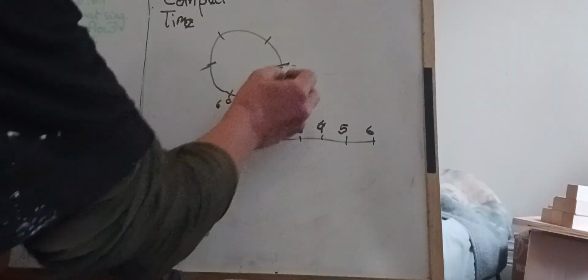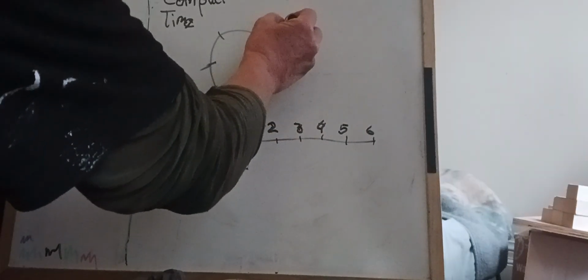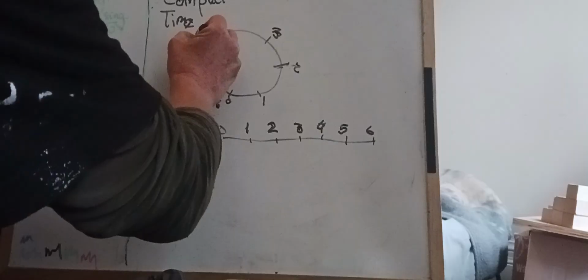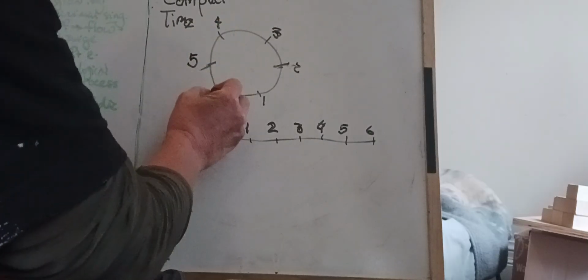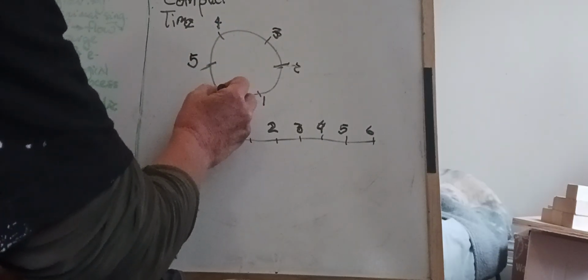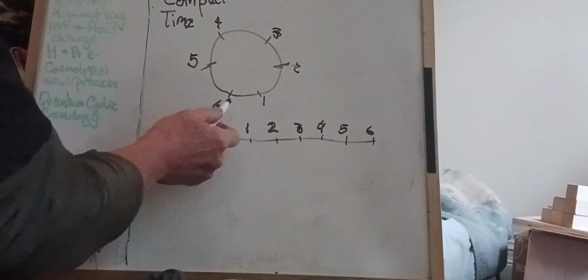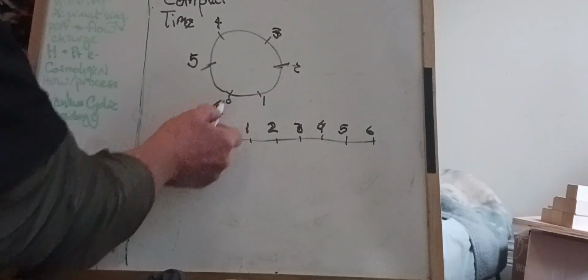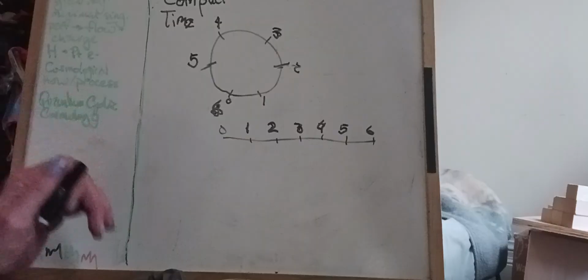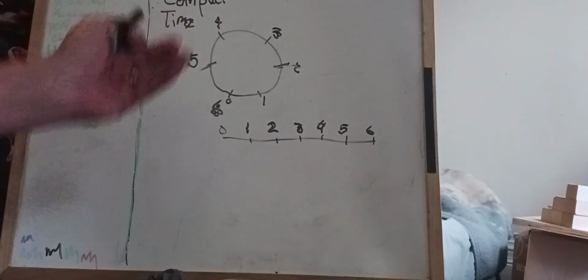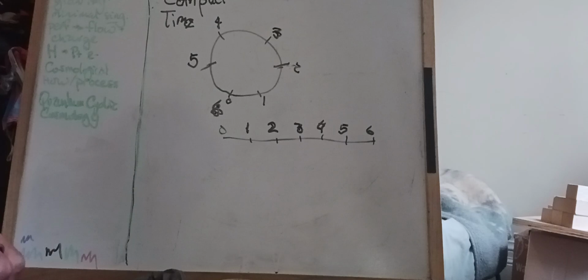So it's 1, 2, 3, 4, 5, and 6, which is also 0. So you'd go like 6.1 would be like 0.1, because 6 and 0 are the same thing. This is the idea. This is compact number line. Everybody knows this.